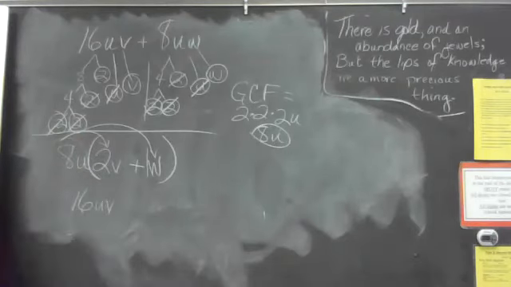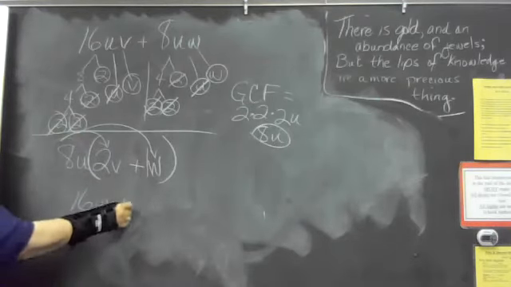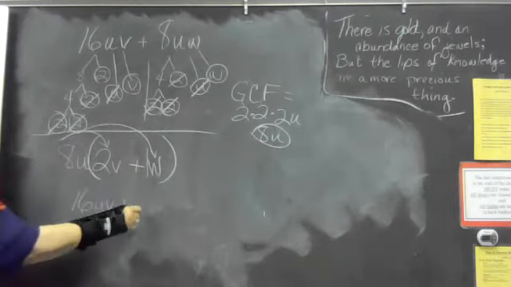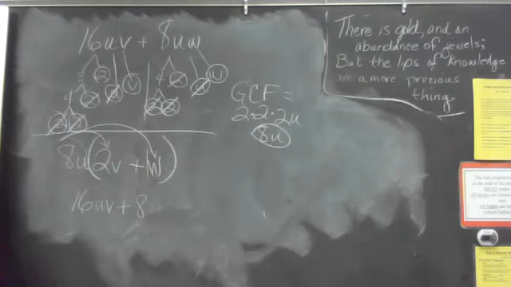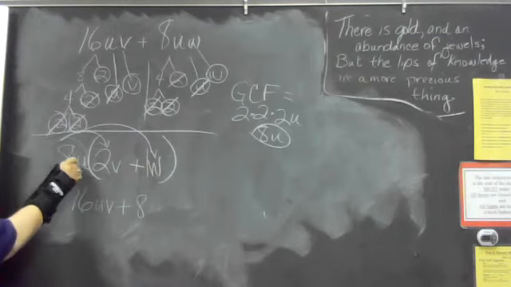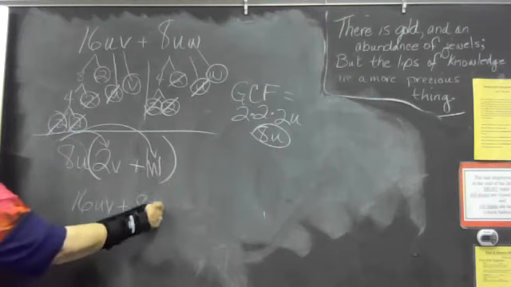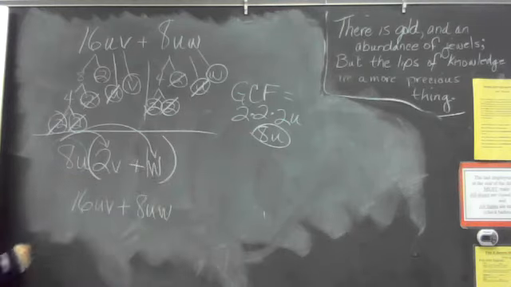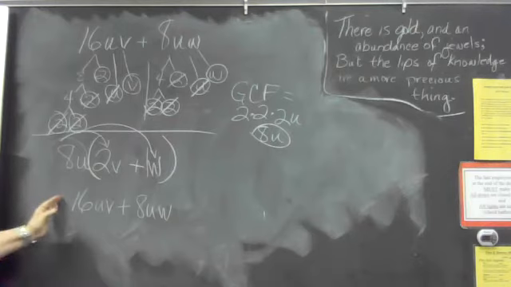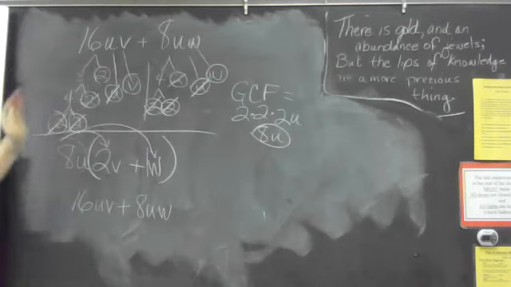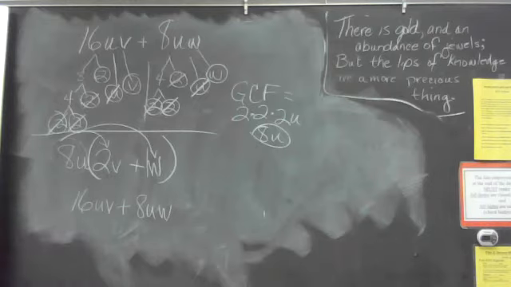Then I put a plus. 8 times 1 is 8. And I still have a U and a W. And if you compare this with your original problem up here, they should be exactly the same. This is how you check it to make sure you did it correctly.